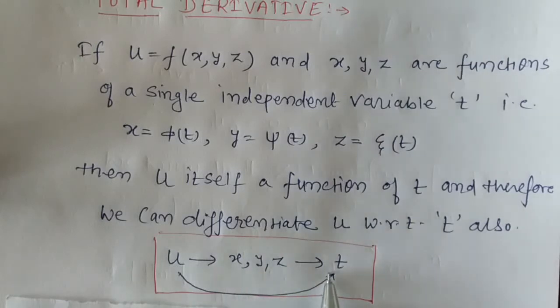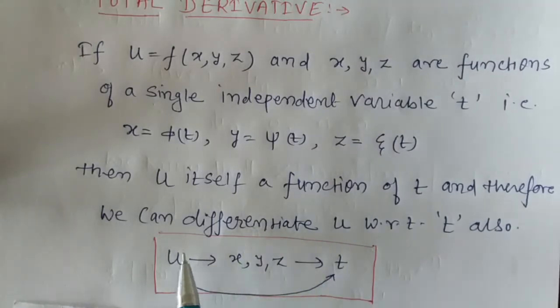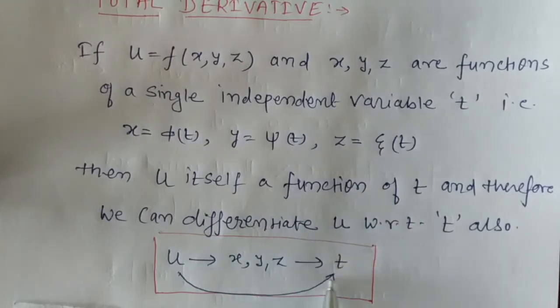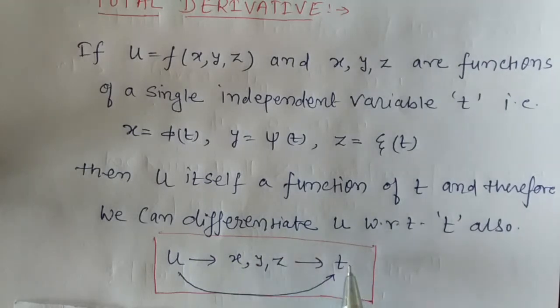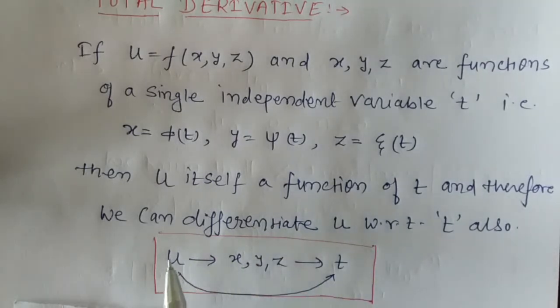And in that case, the process of differentiation of u with respect to t is called total derivative. The differentiation of u, where u is a function of x, y, z and x, y, z are functions of t, with respect to t is called total derivative.